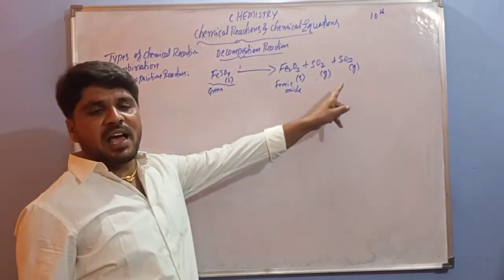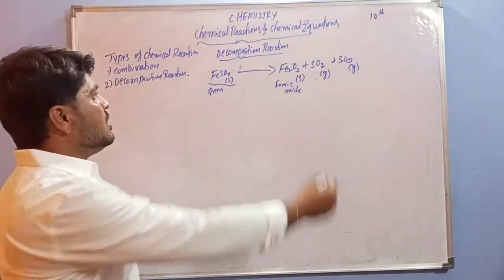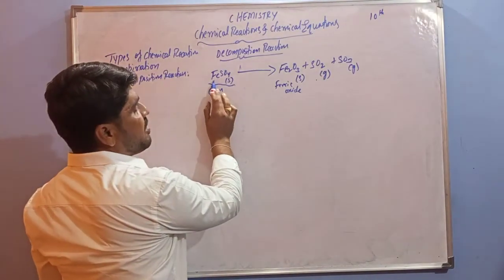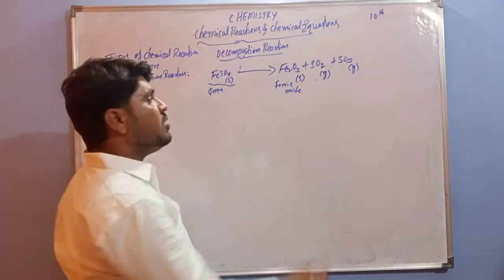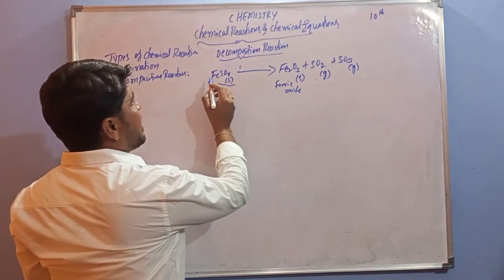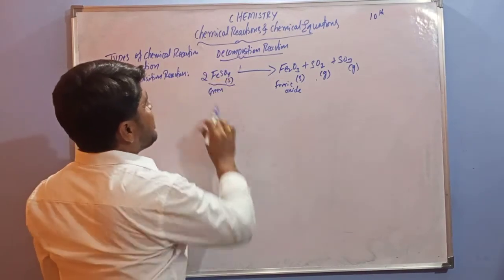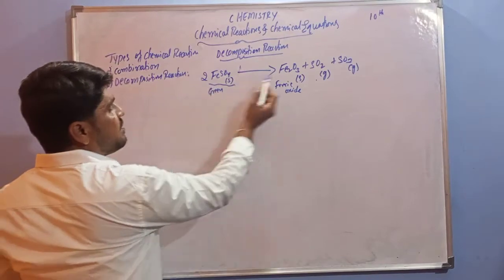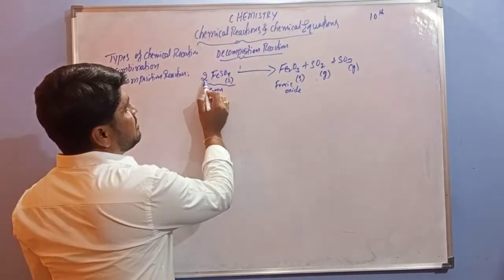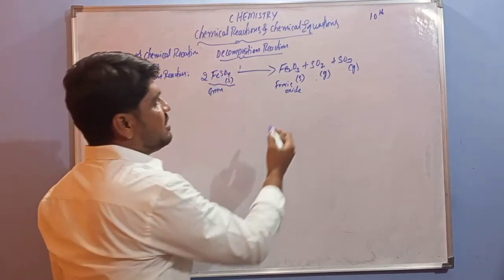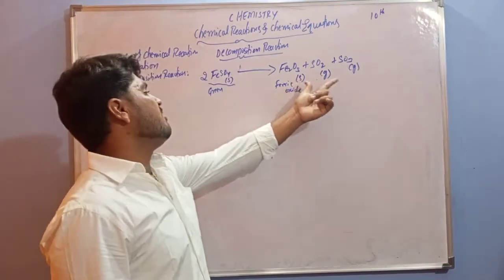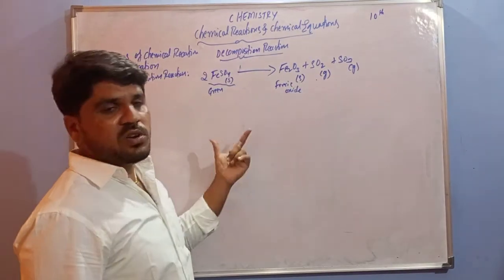See, dear students, is it balanced or not? How many Fe's are present on the reactant side? We have only one Fe, but on the product side we have two Fe's. That's why, for balancing, I am going to take 2 as a coefficient. So here 2 Fe, here 2 Fe. Fe atoms are balanced. Next, sulfur: 2 S on the reactant side, and here 1 S and here also 1 S, so 2 sulfurs on the product side too.